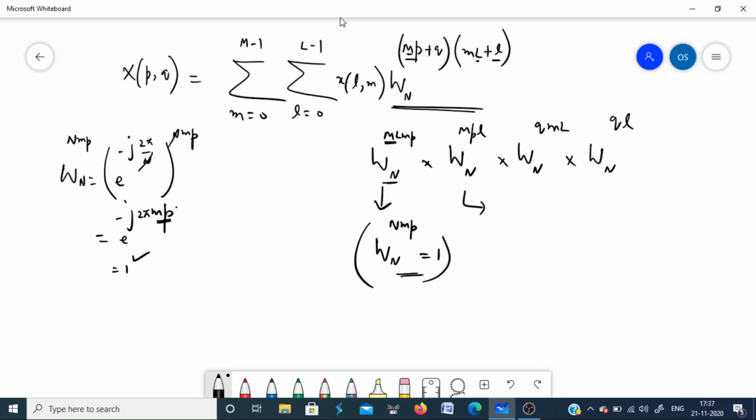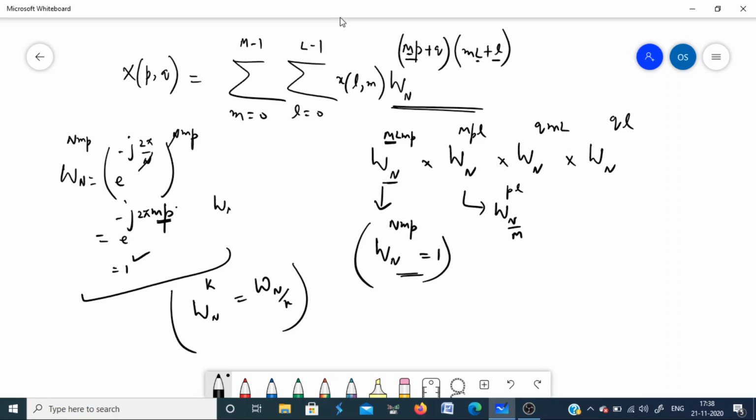Similarly, I can write this factor as wn by m to the power pl. I have used this property here, that I can write wn to the power k as wn by k. It means I can write wn square as wn by 2.